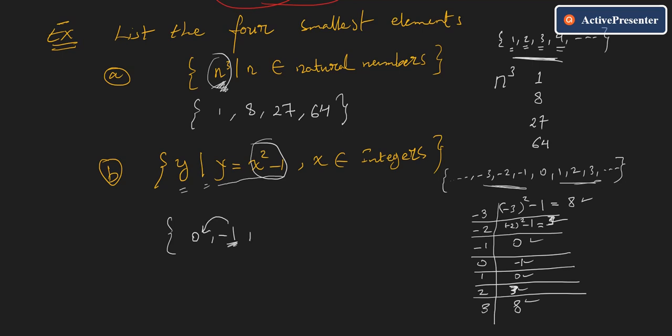You can interchange, it's okay. However, we are going to go from smallest to largest. It is proper. So what is the smallest here? It is minus 1, 0, 3, 8. These are the 4 smallest elements of the set Y.